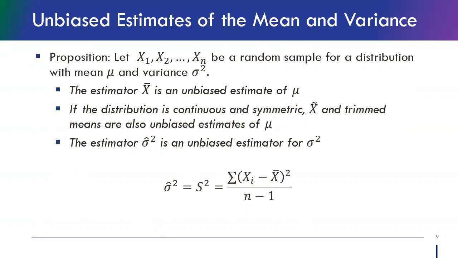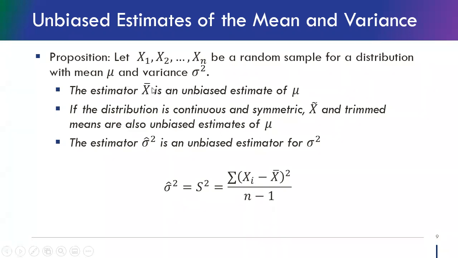Now we want to know what is a good estimate for mean and variance. By a good estimate, we mean an unbiased estimate. What is the unbiased estimate for mean and variance? You can actually guess, because we have talked about using x bar, the sample mean, to estimate the population mean mu, and using the sample standard deviation to estimate the population standard deviation.